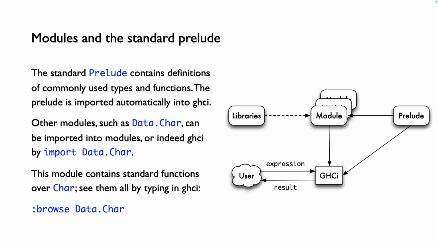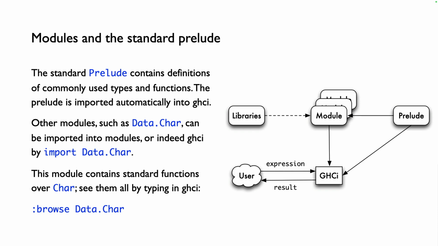So the module Data.Char is the module that contains all the interesting functions that work over characters. And if you want to see what's in a module like Data.Char, you can type :browse Data.Char, and what that will do is print out the types of all the functions in that module.